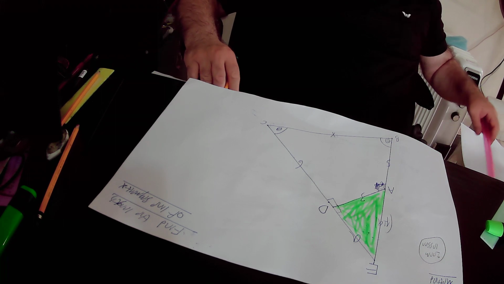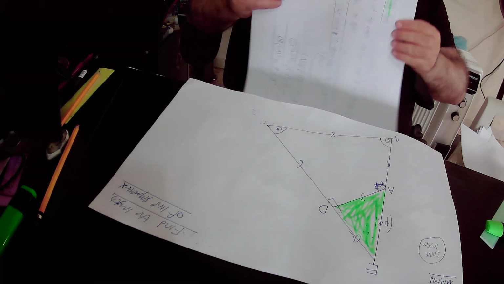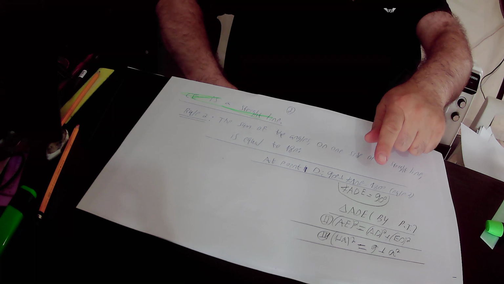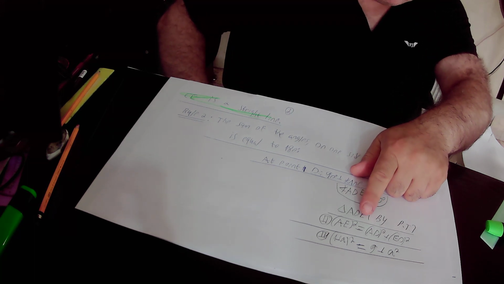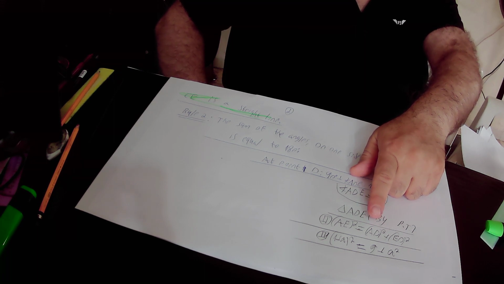So in conclusion, we found out that according to equation number 2, 1 plus A squared equals 9 plus A squared.